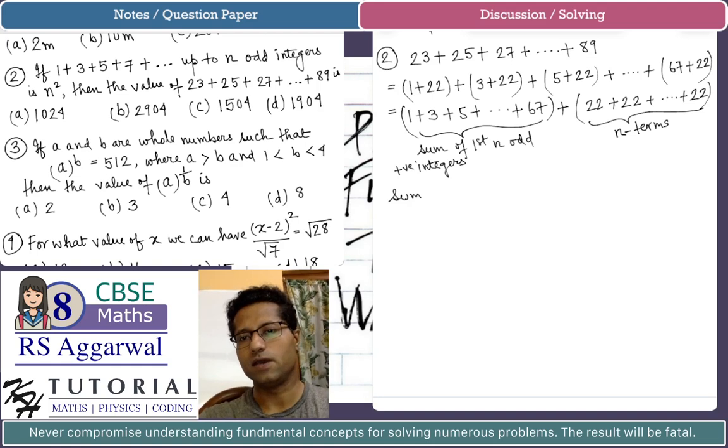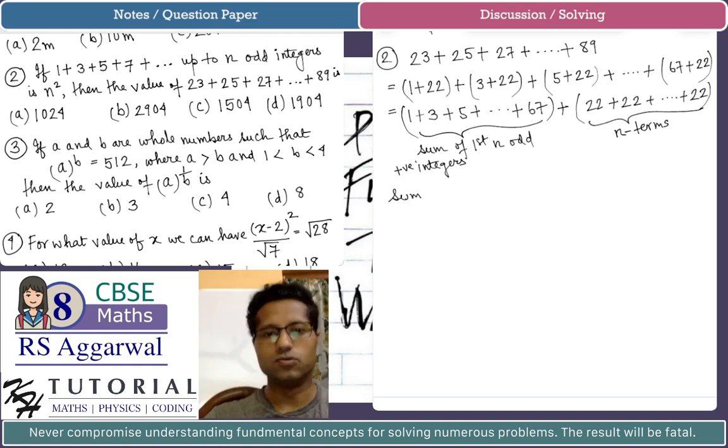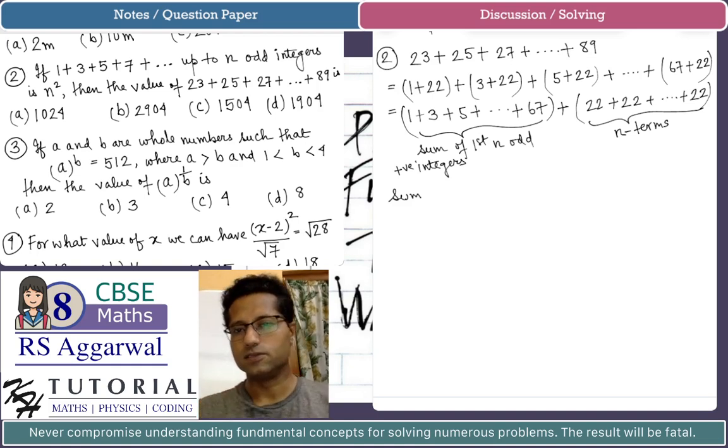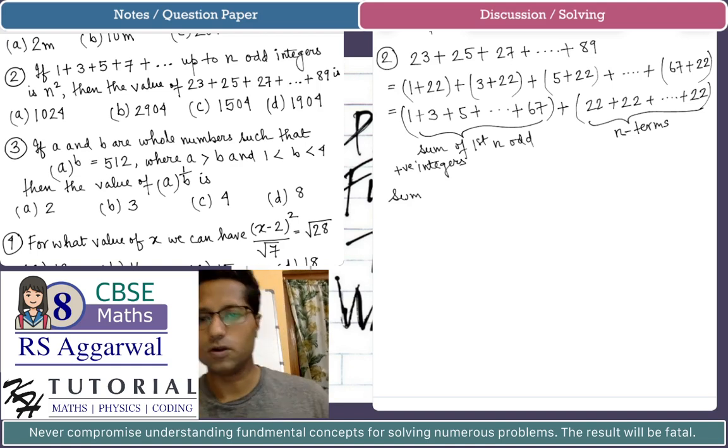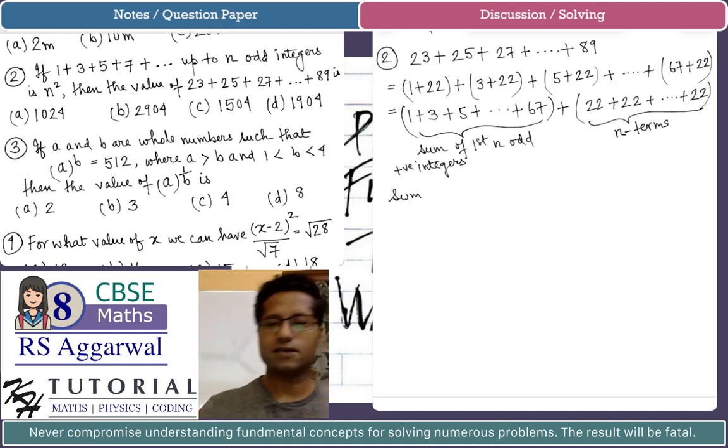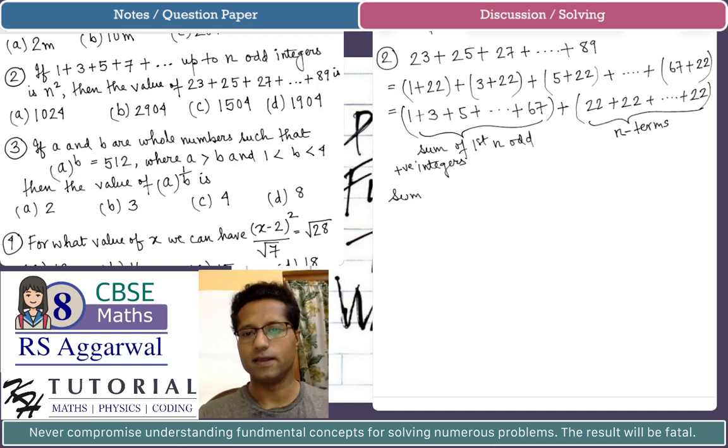Inside the first bracket we have the sum of consecutive odd integers. If we consider this the sum of the first n odd integers, and the last odd integer is 67, how do we find n?